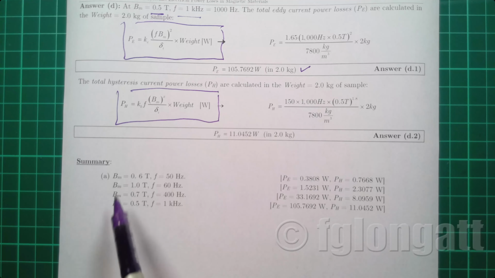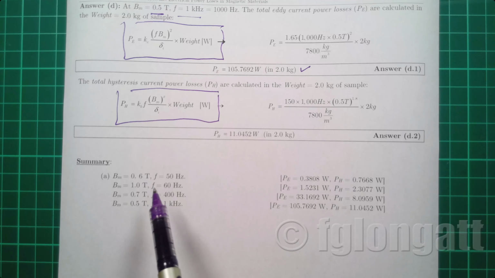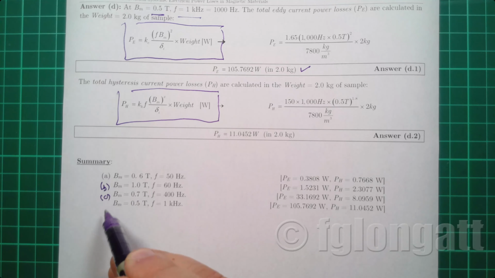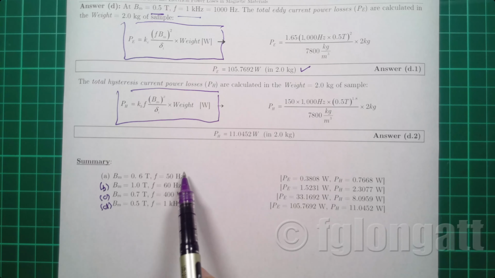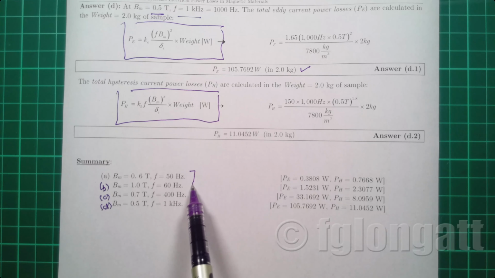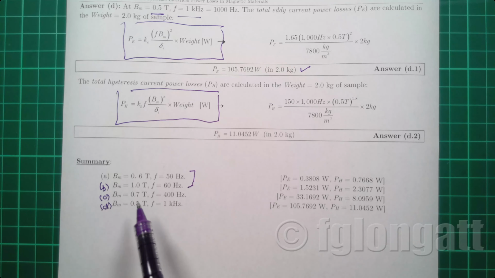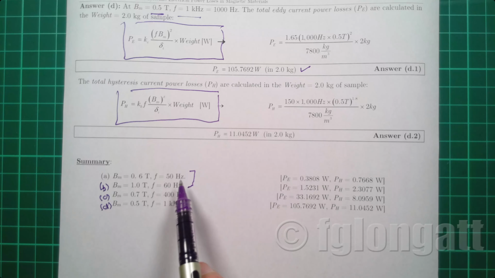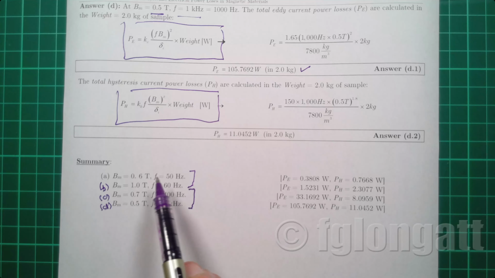So to close this example, and to be honest, this is the most important part of this exercise, we got the numerical results for 4 different cases. And in those 4 different cases, what is important to see is that those 2 cases, A and B, are for low frequencies. And this is 50 and 60 hertz, the classical frequency that we use for electrical power systems.